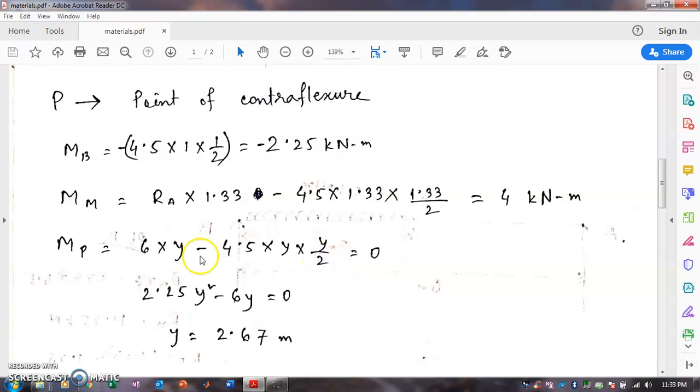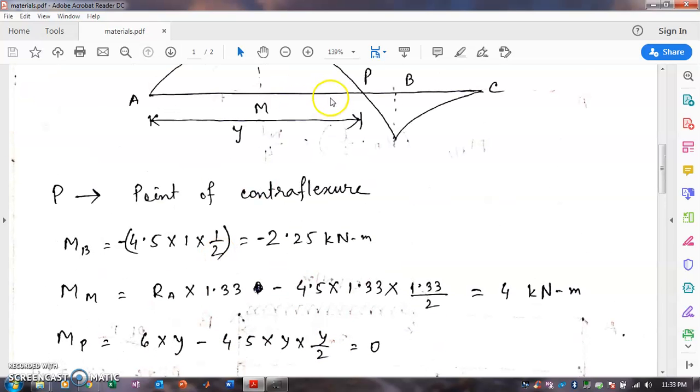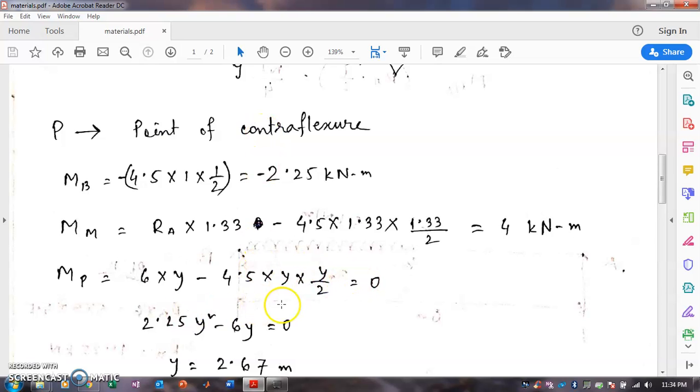So this is the equation: the bending moment at P will be RA into y minus the UDL of this portion, that is 4.5 into y, into y by 2, that is the perpendicular distance from the point of action, equals 0.